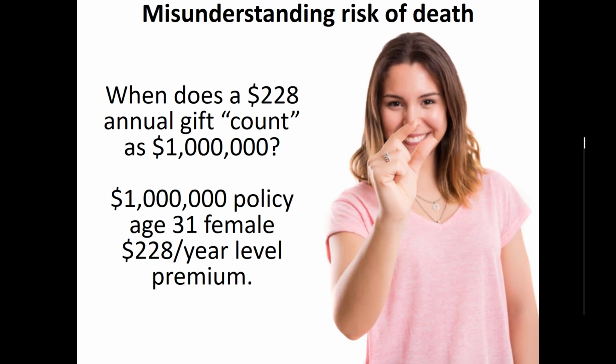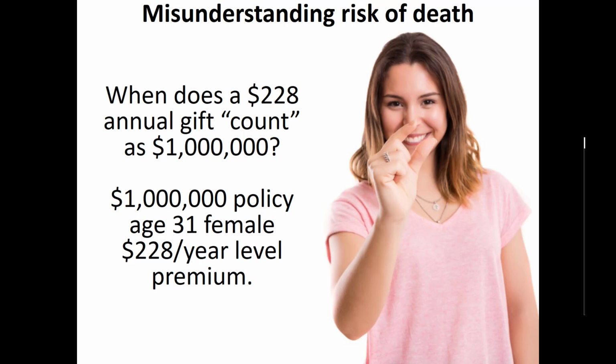Well, the answer is it has a value on a daily basis or an annual basis. So each year that it stays in force, it has a certain value to me. If you're 31 years old, that value is a bit less than $228, okay?